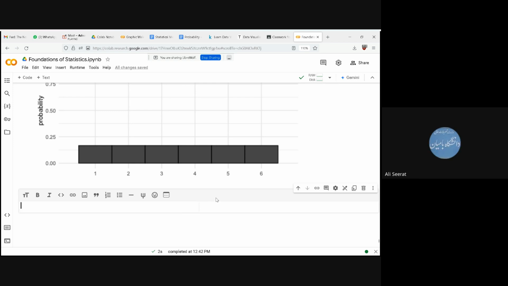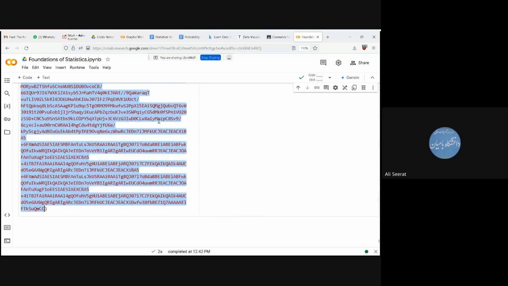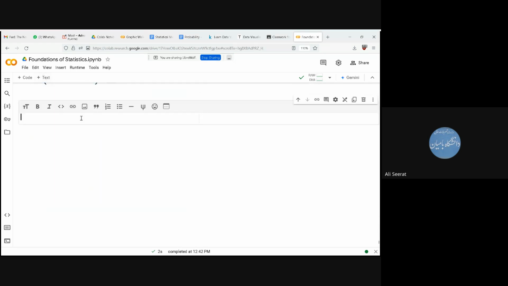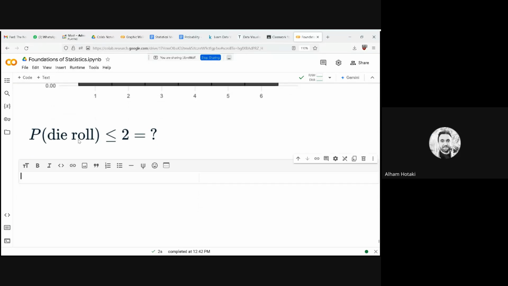So it's 1 by 6, 1... Isn't it going to be 0.16, sir?